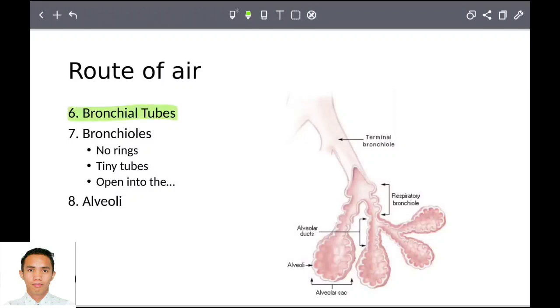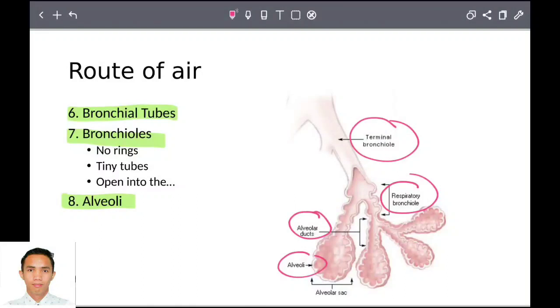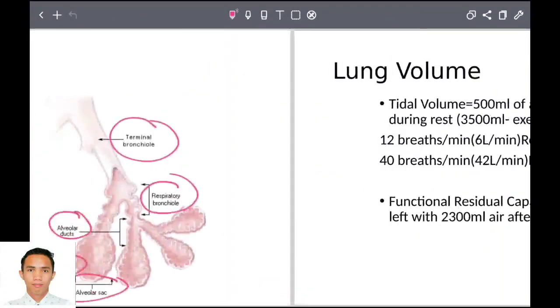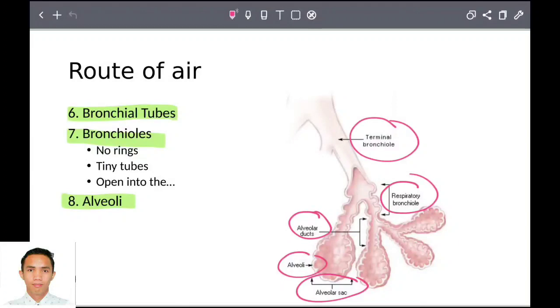Bronchioles have no rings, are tiny tubes, and open into the alveoli. Let's check. Terminal bronchioles here, then respiratory bronchioles here. Alveolar ducts, alveoli, then alveolar sacs. These are the route of air. Now let's watch a video to understand more about gas exchange of organisms.